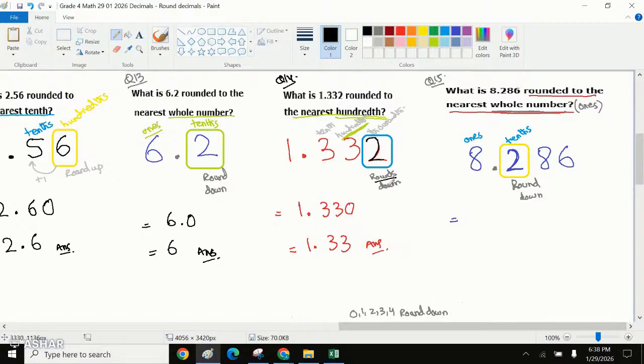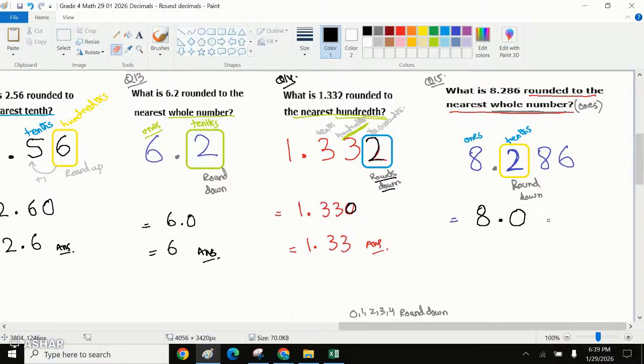When it was rounded down, it became a 0, and the numbers before it stay the same. So 2 is rounding down, right? That means 2 becomes a 0, and the numbers before this number stay as they are, and all of these numbers become a 0.